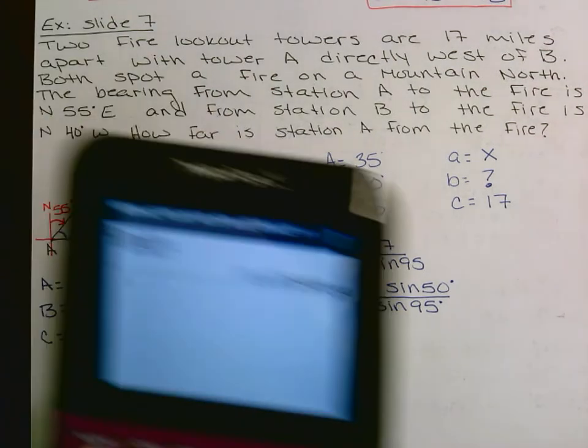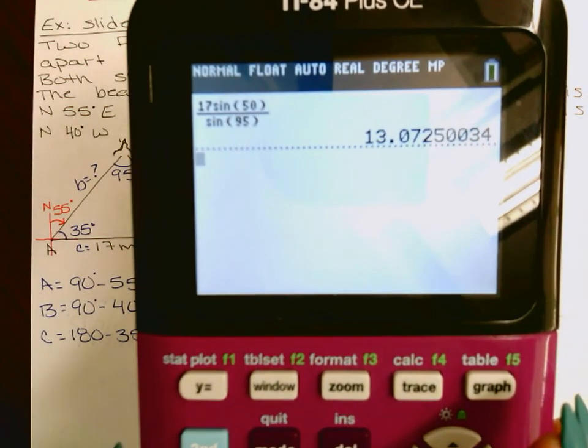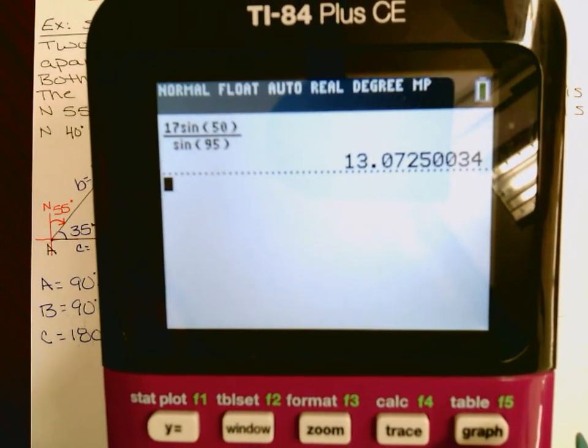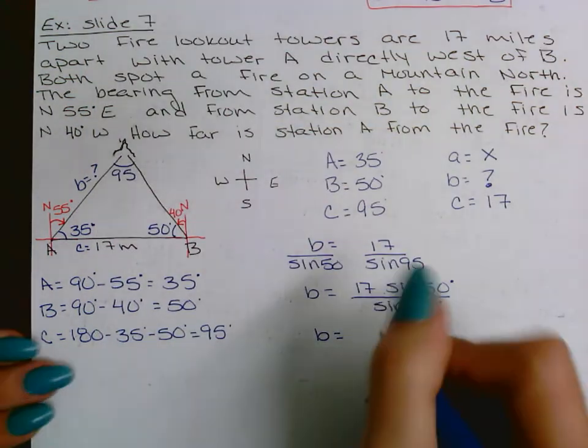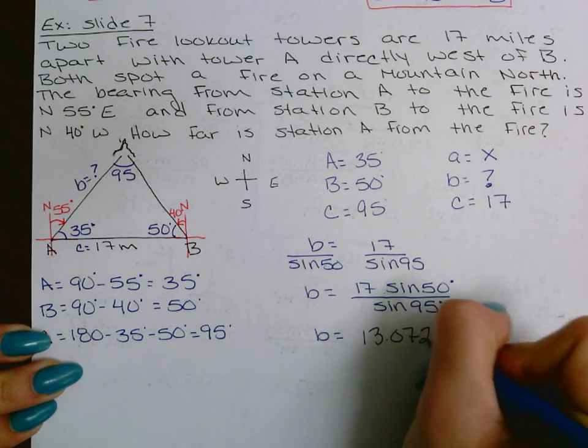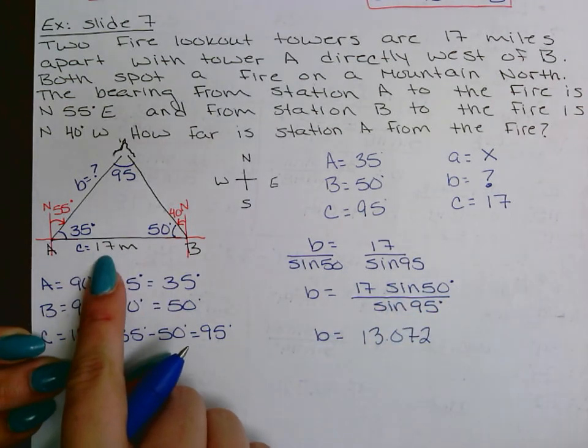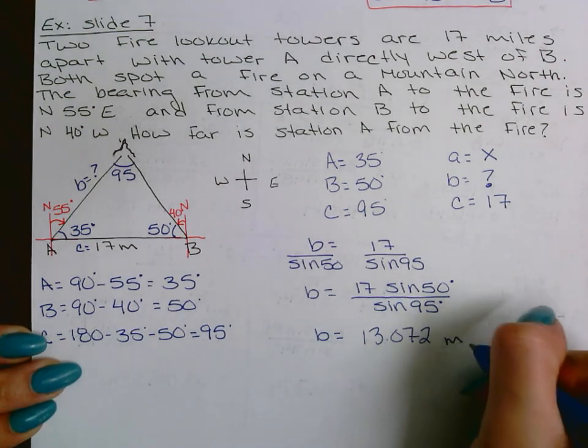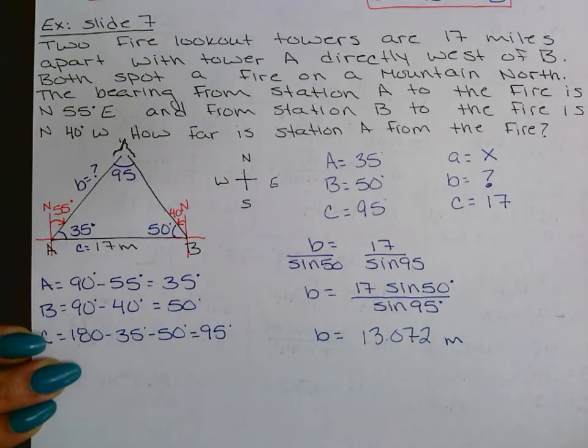All right, so if you plug that in your calculator, you should have gotten 13.072. And then remember, they had told us that the units was in miles, so this is how many miles away Station A is from the fire.